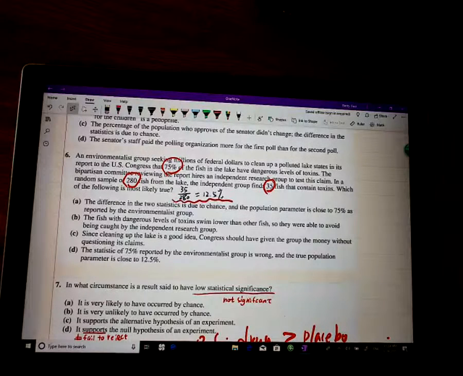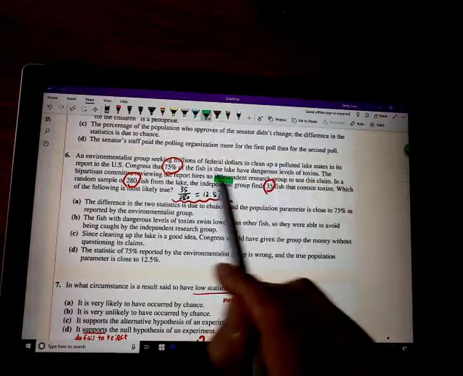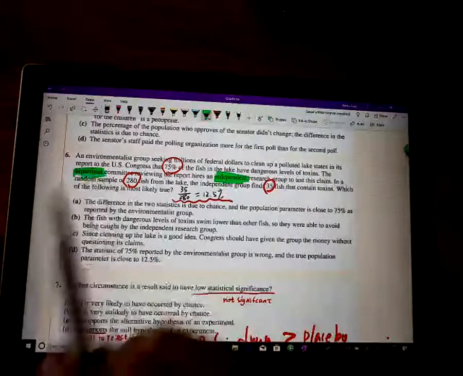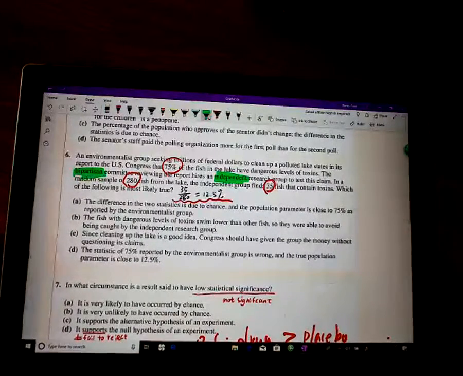The bipartisan committee, like a neutral committee, reviewing the report hires an independent, those are good words by the way, independent, neutral research group to test this claim in a random sample of 280 fish from the lake. The independent group found 35 fish that contain toxins. Which of the following is most likely true?